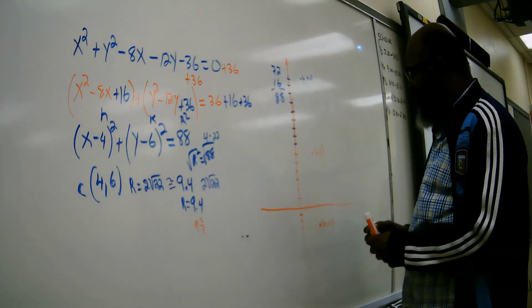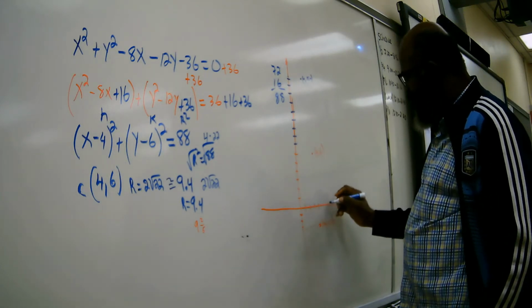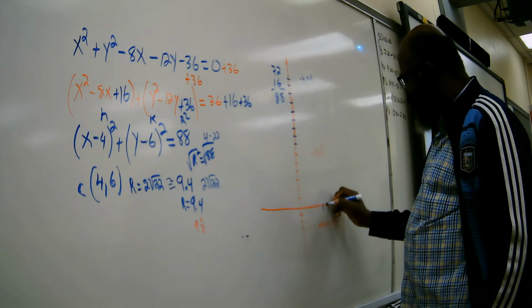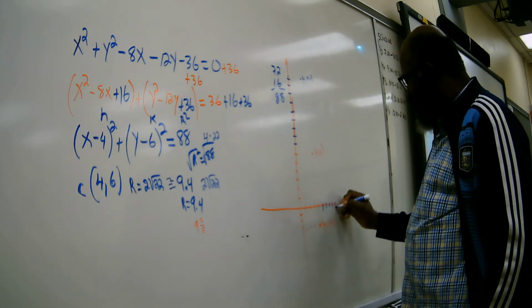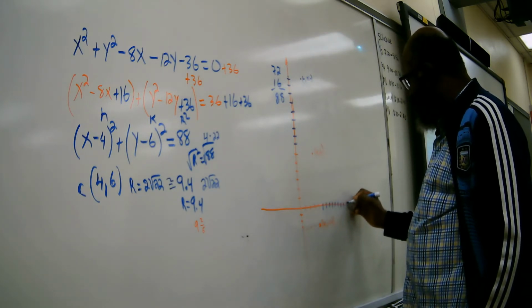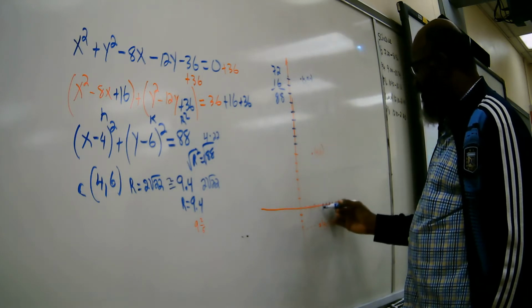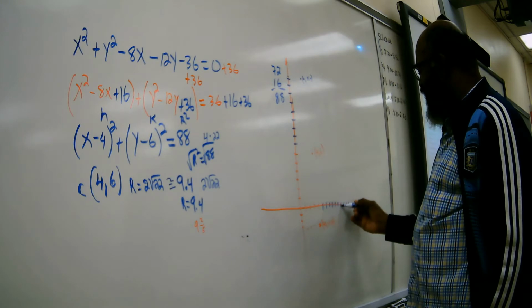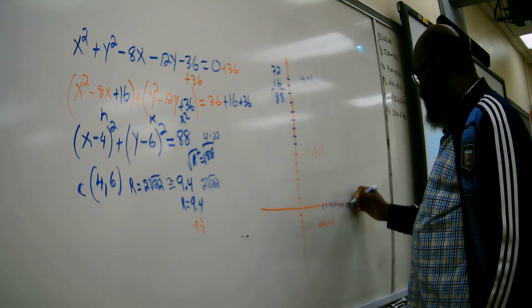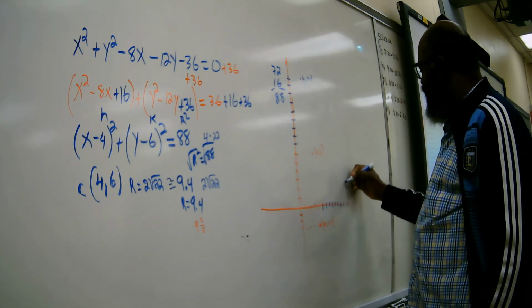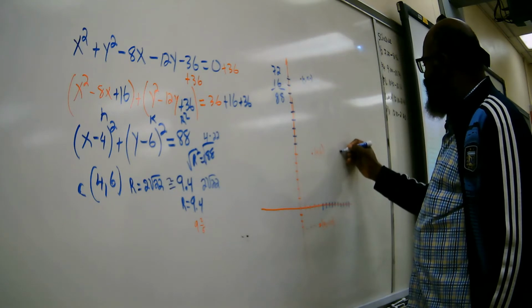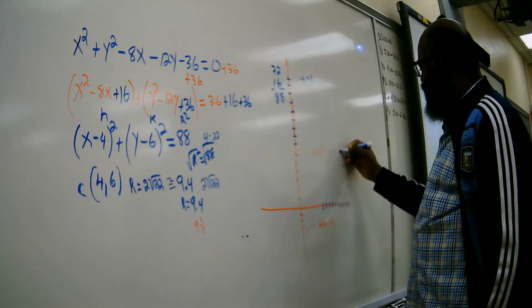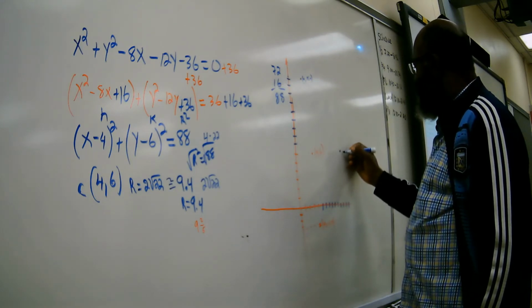Hence again, from 4 units, you add 9.4 to that. You will be at 13.4. This is 4, 5, 6, 7, 8, 9, 10, 11, 12, 13. 13.4 will be somewhere down there. And that will leave you here: 13.4 and 6.